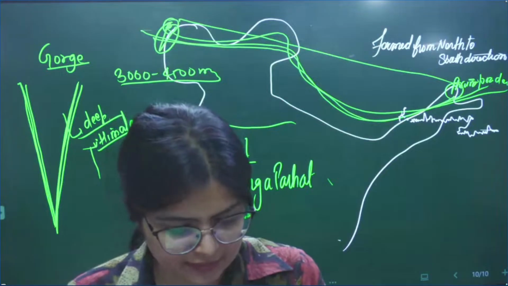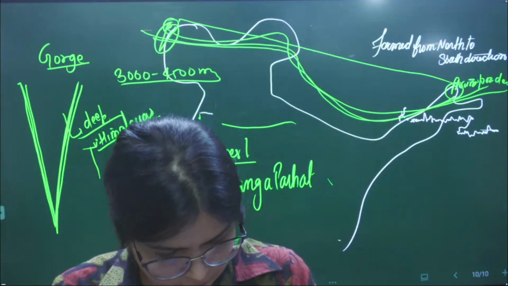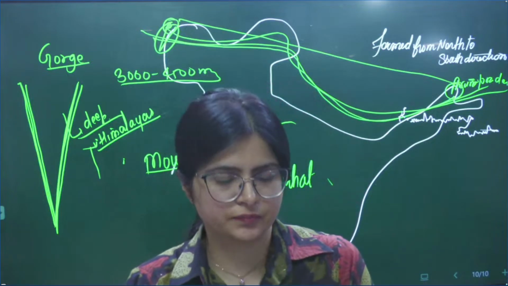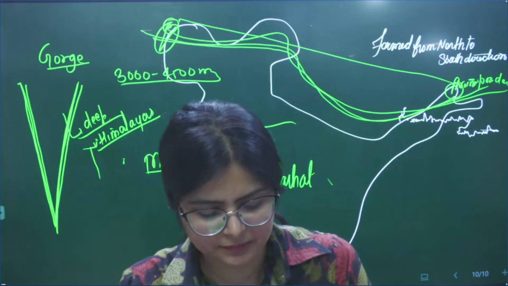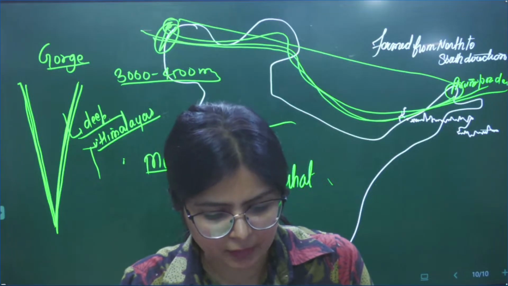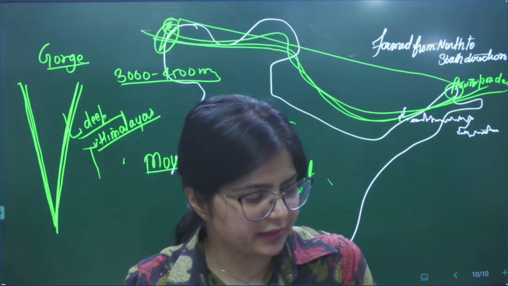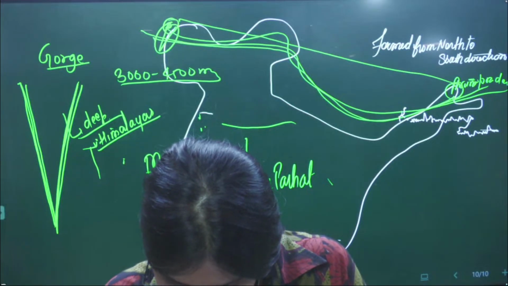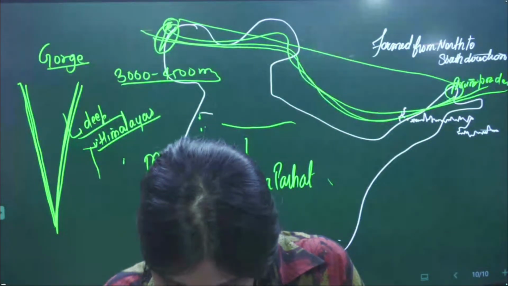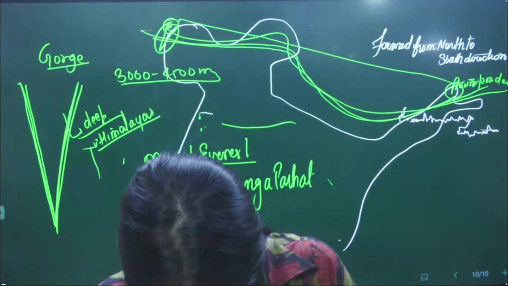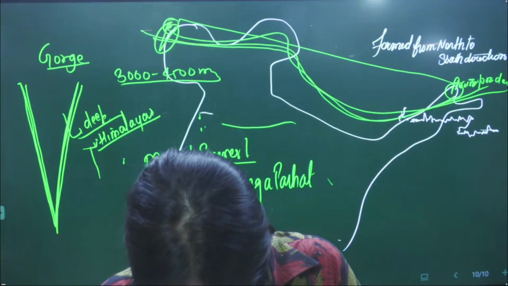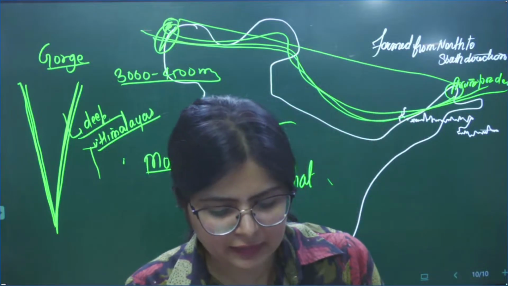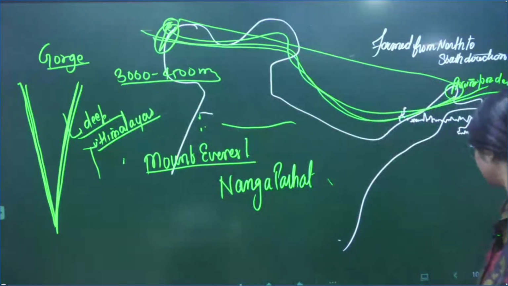In the north they are known as, basically not in the north, you can write it in the northeast. In the northeast they are known as Patkai Bum, comma, Naga Hills, comma, Manipur Hills.